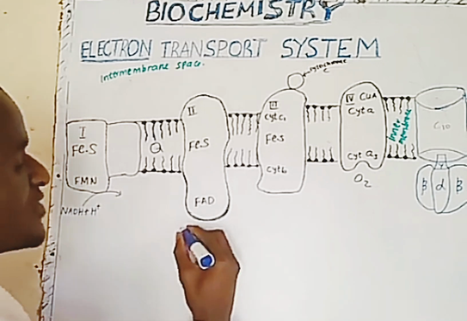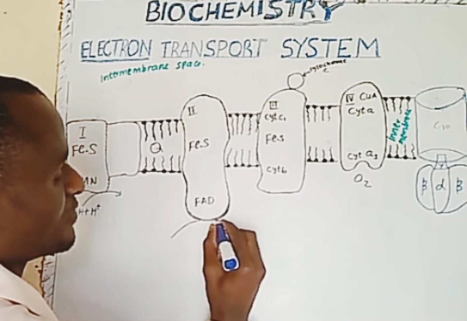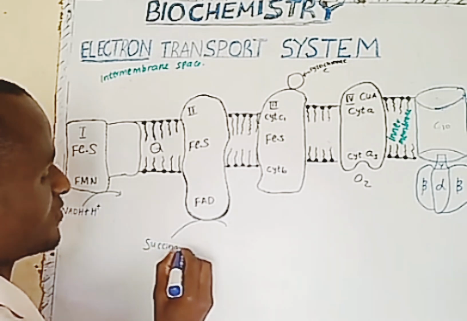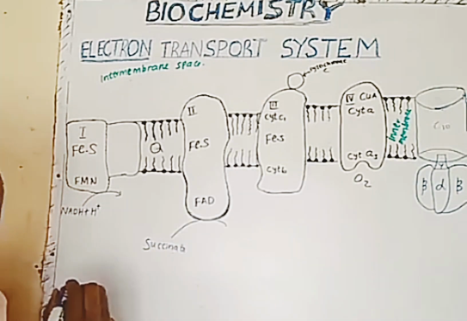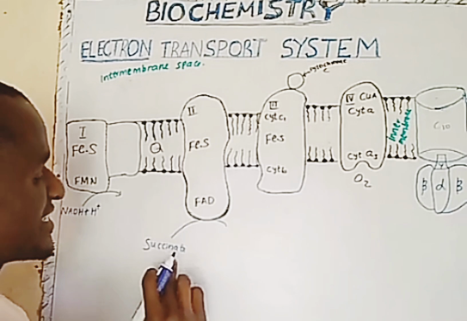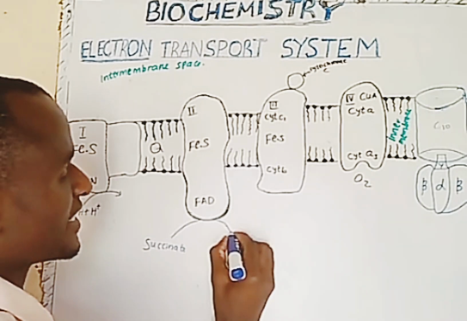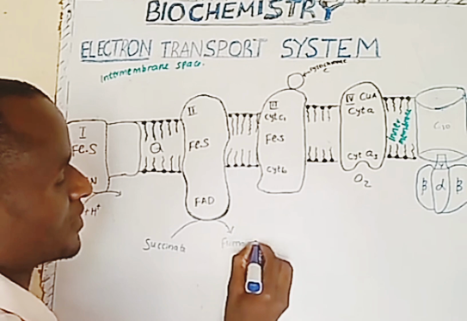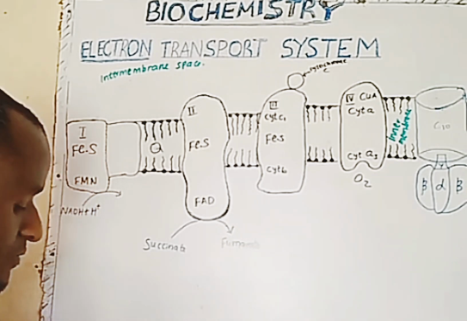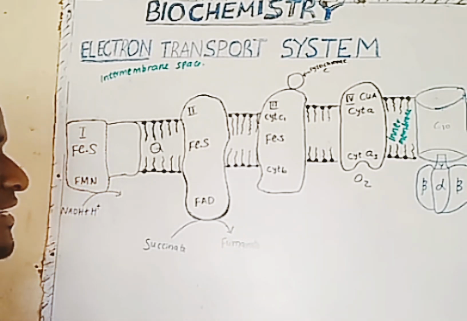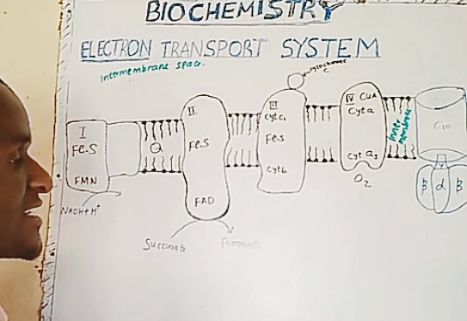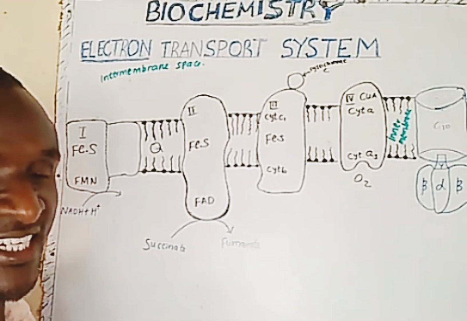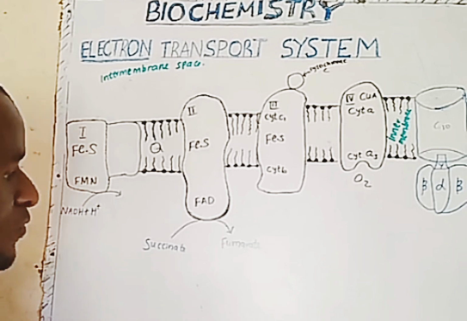It picks electrons from succinate. Let's say this is succinate, and it converts this succinate into fumarate. That's why complex 2 is also known as succinate dehydrogenase, because it dehydrogenates succinate.